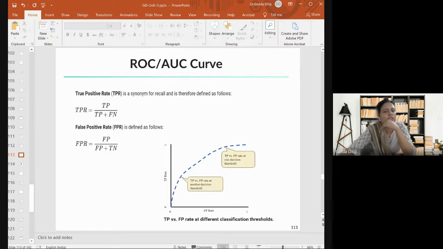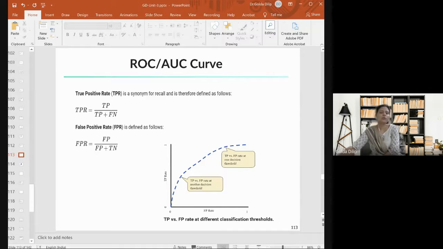We had seen TPR is equal to TP divided by TP plus FN. TP in our example was correctly predicted as COVID positive, and TP plus FN means total COVID positive passengers. So that is TPR, a synonym for recall, true positive rate or sensitivity.